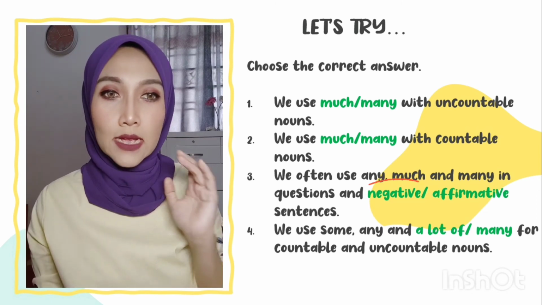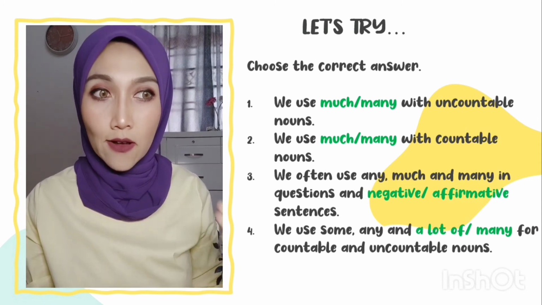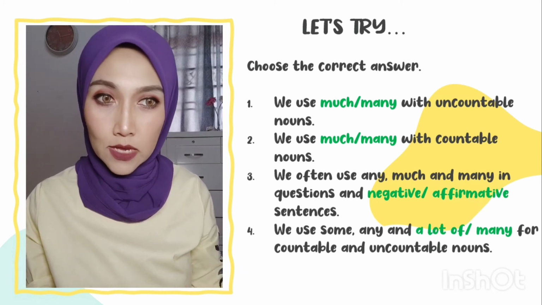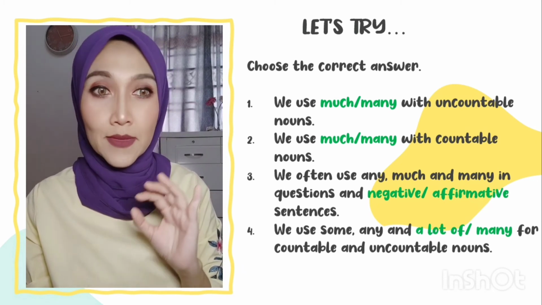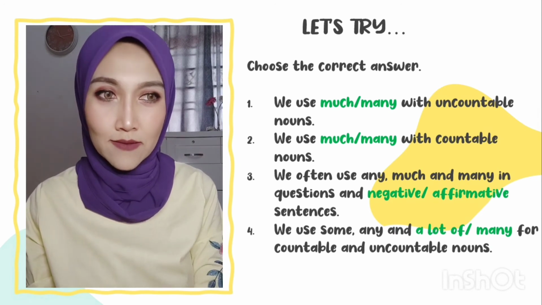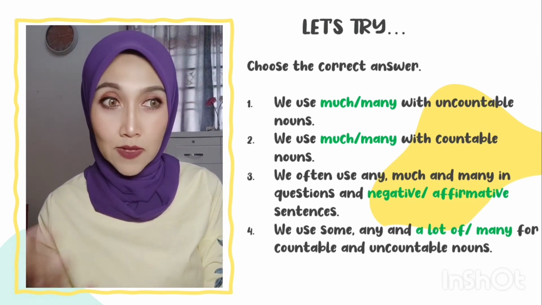Okay. Number 4, we use some, any, and a lot of, or many for countable and uncountable nouns. Okay, which one? The one that we can use for both countable and uncountable.